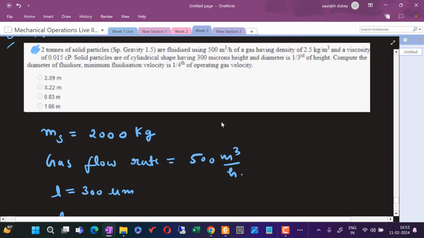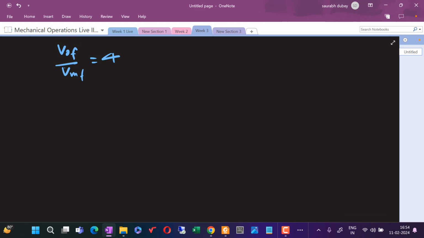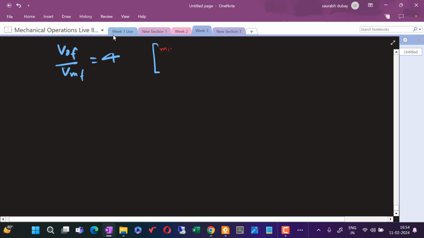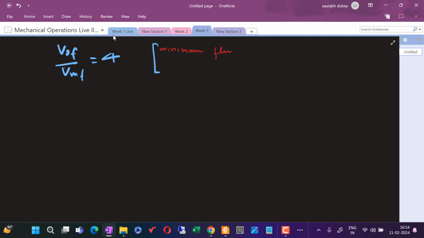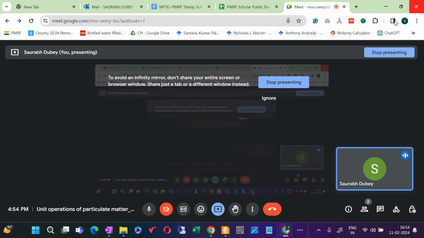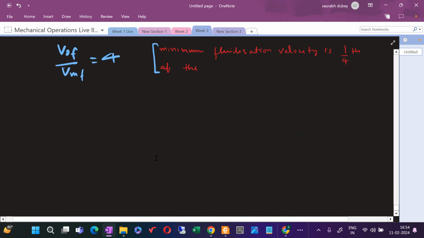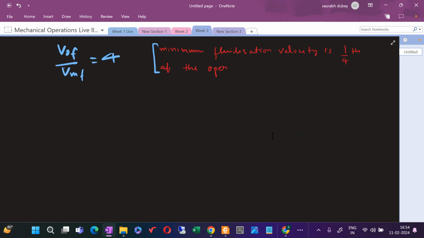Minimum fluidization velocity is one-fourth of the operating gas velocity.